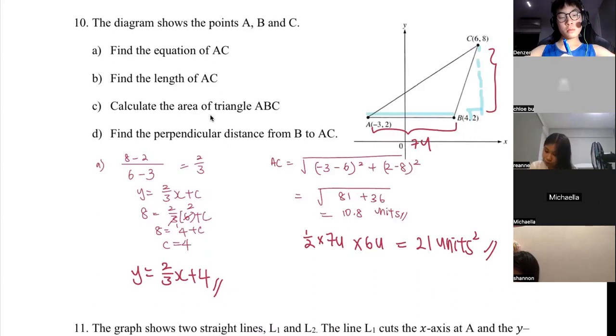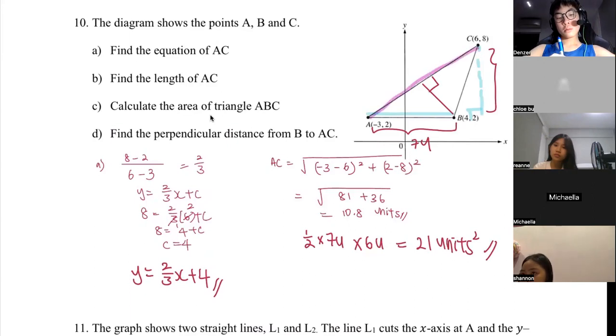Okay, perpendicular distance from B to AC is this one. Can you spot another pair of base and height for me? There is, right? As long as it's perpendicular, base and height can already.